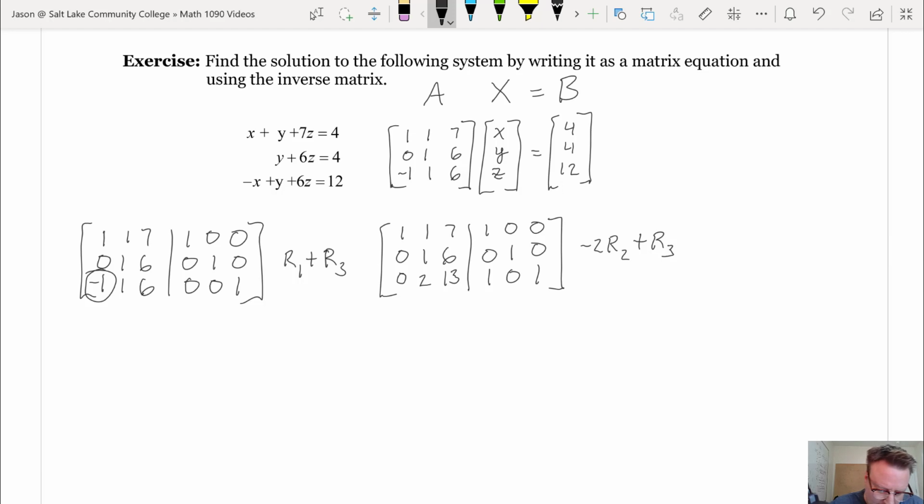I'll continue down here. Negative 2 times row 2 will be 0, negative 2, negative 12, 0, negative 2, 0. I'm going to be adding this row to row 3.